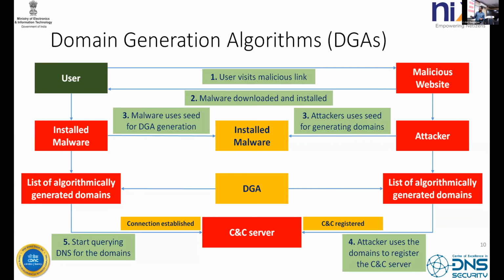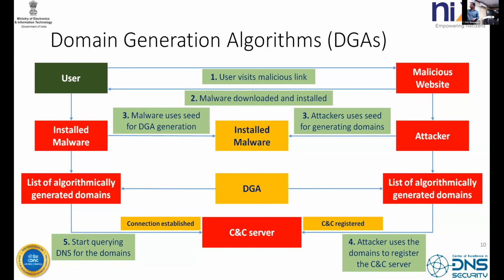And the list of algorithmically generated domain names is available now, and the list of domains is available with the adversary, the malicious actor also, right? And this malicious actor owns a command and control server or a malicious server, and he registers this malicious server using this list of generated domain names.